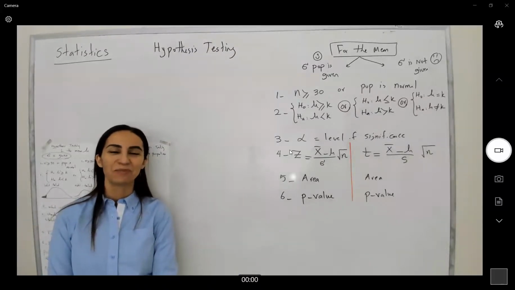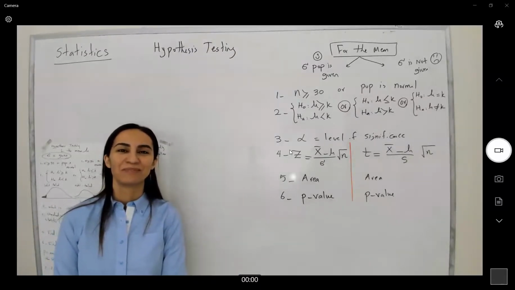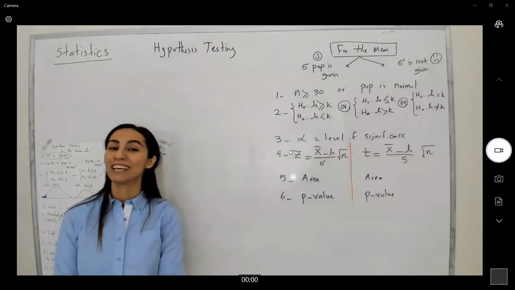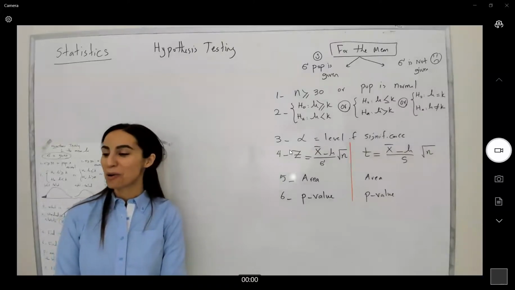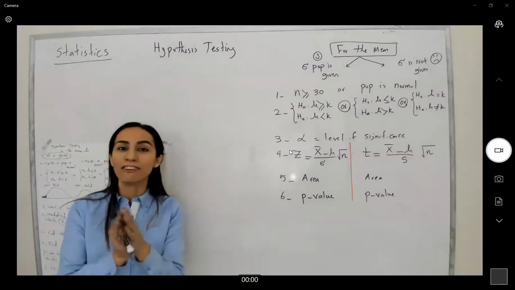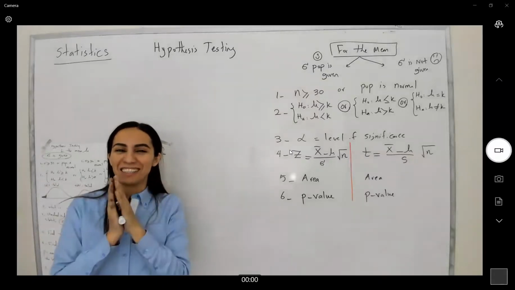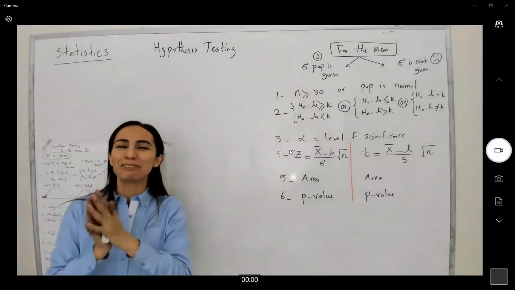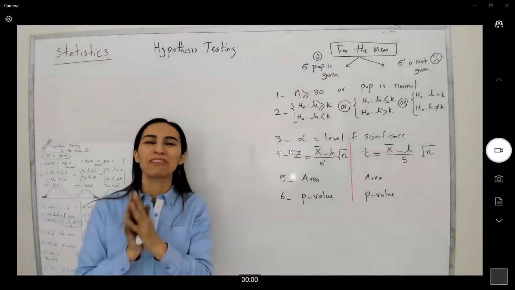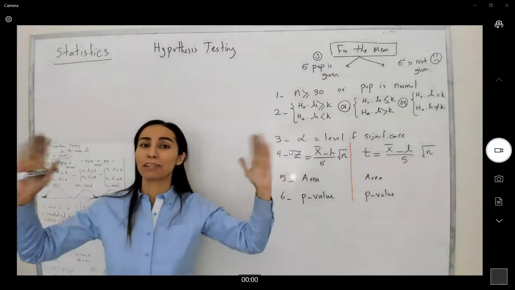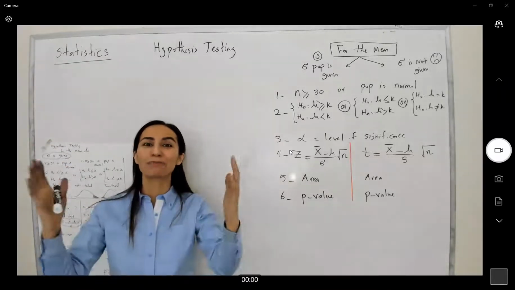They have the three options. P-value is the probability of the area below the graph, the area of the left. Remember the video that I showed you? What is p-value?